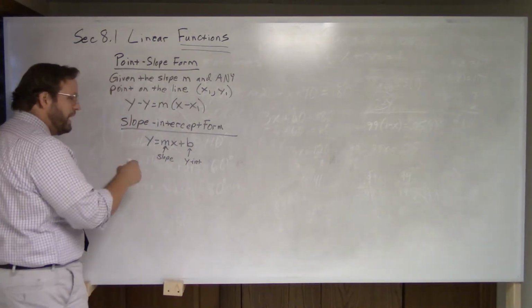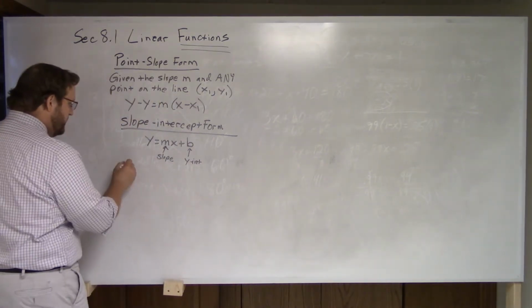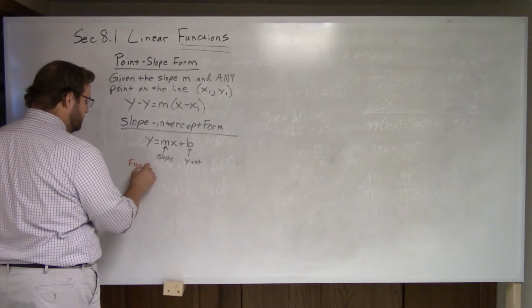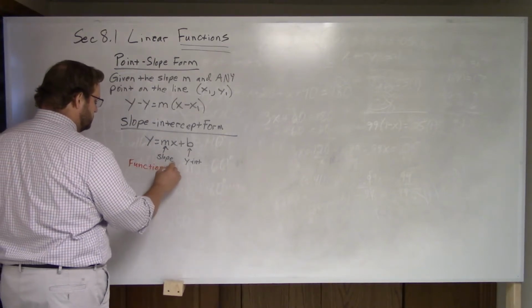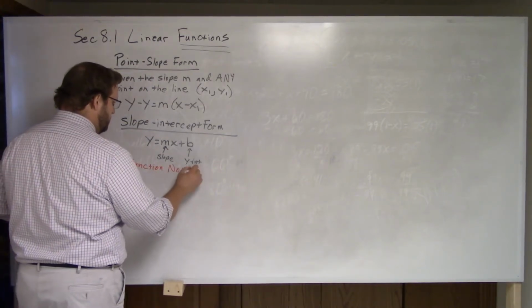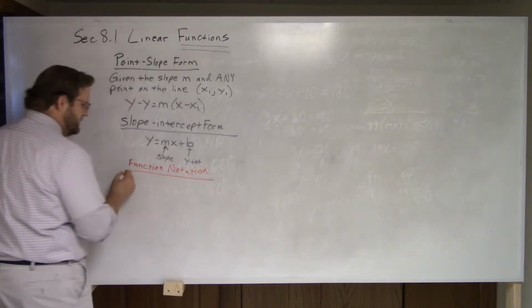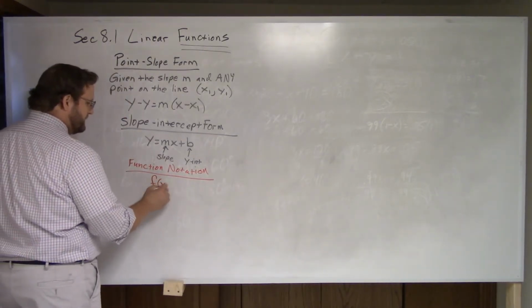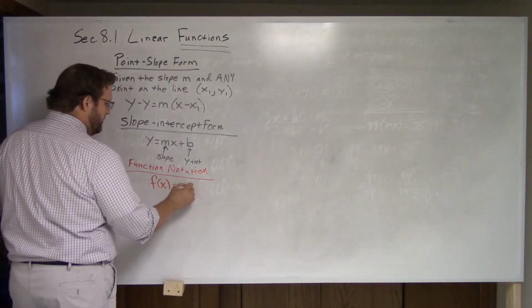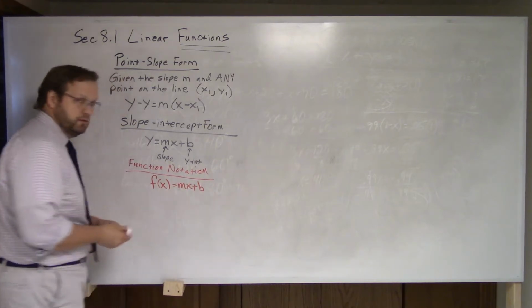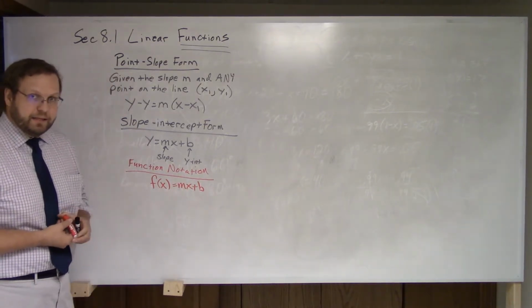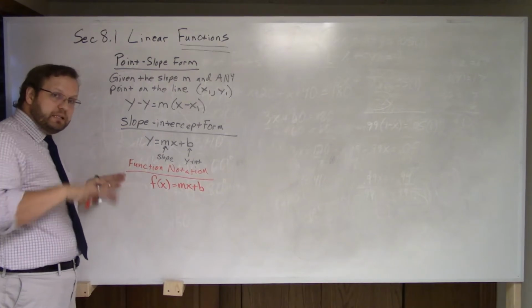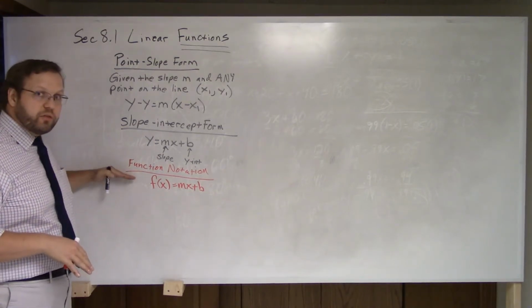So if we have y equals mx plus b, function notation is simply f of x equals mx plus b. That is the only added piece in this section from section 3.5.